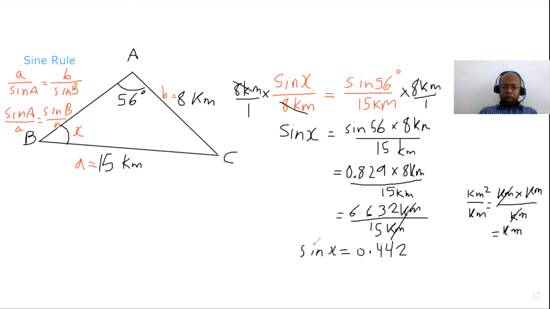Because right now, what we're looking for is x. X is the angle I'm looking for. The whole process of pressing the shift button is so that you can change sine into the inverse of sine, which is sine to the power -1.